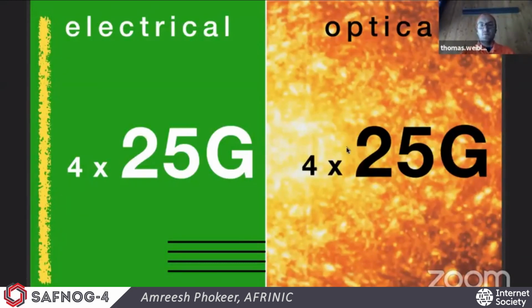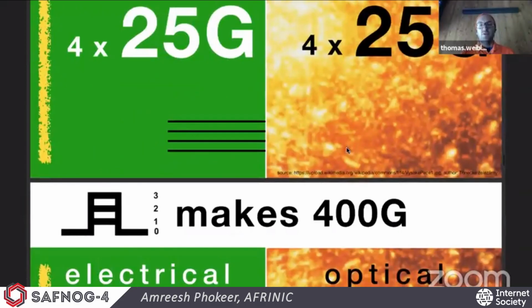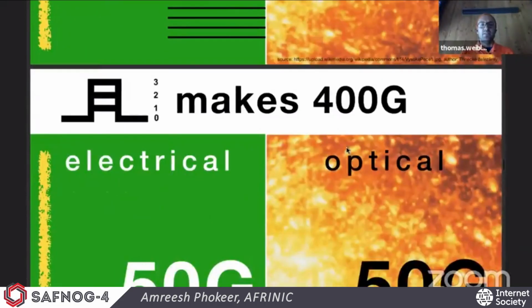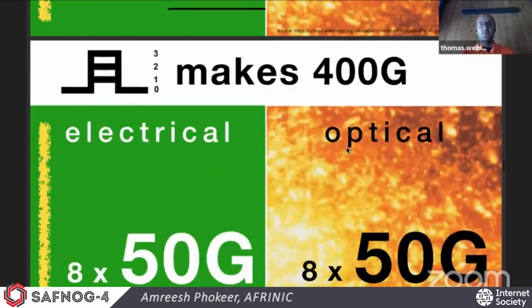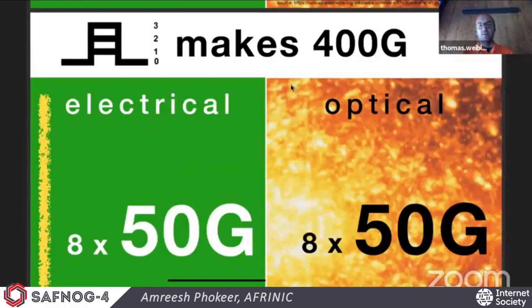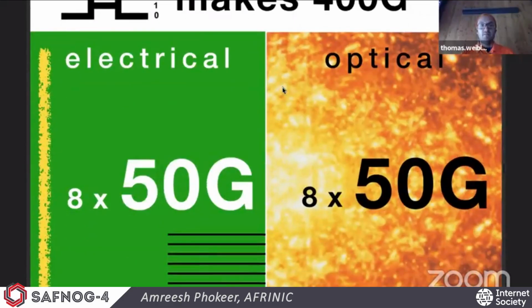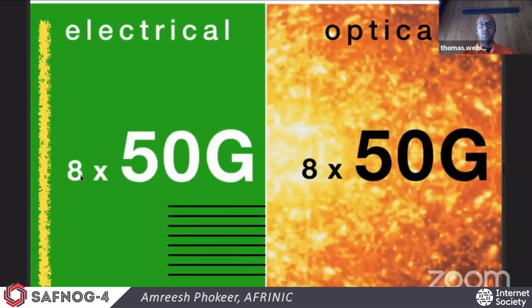If we move forward towards 400 gigabit, this looks a little bit different. First of all, as I introduced in the theory part, we have this 4-level pulse, this PAM4 modulation, which doubles our data rate. Plus, on the electrical side, we just double the amount of lanes we have. So 8 lanes doing 50 gigabit with the same frequency.